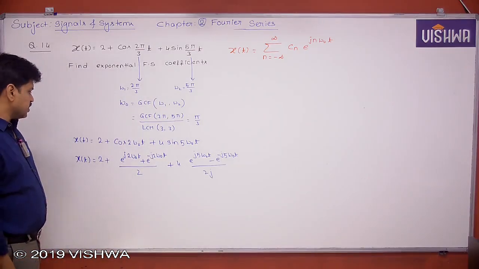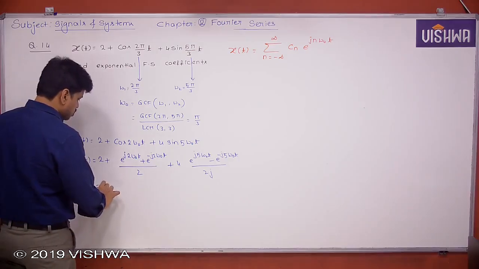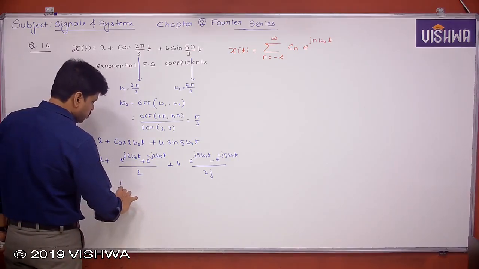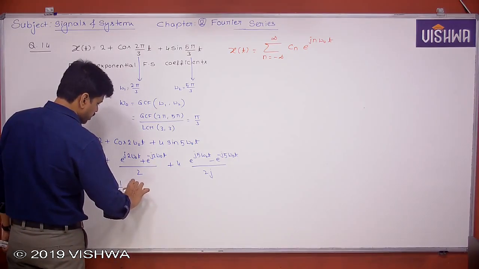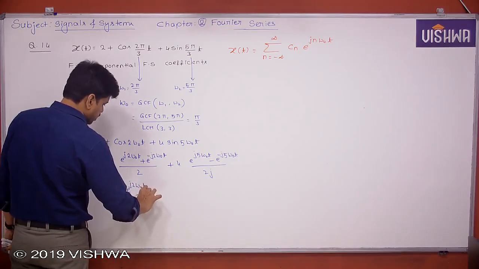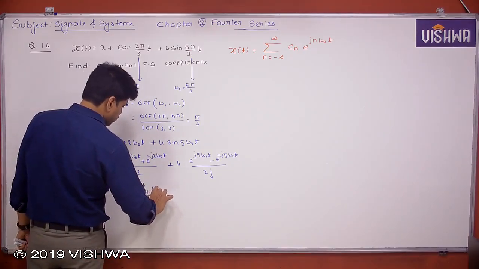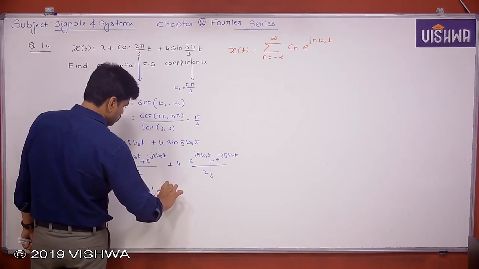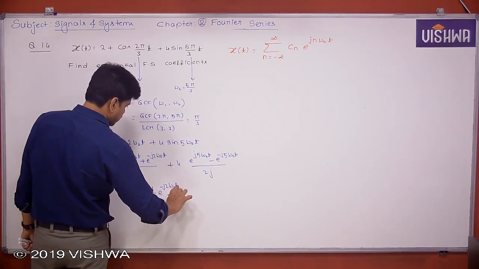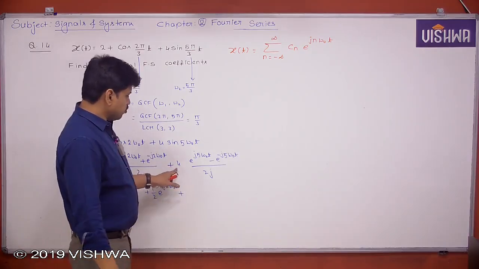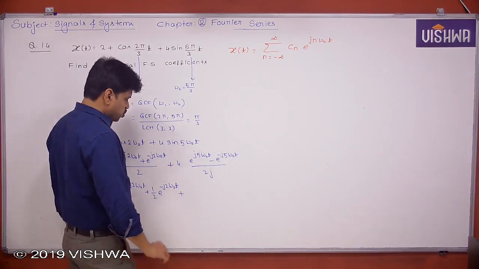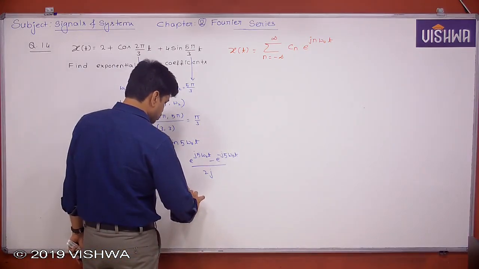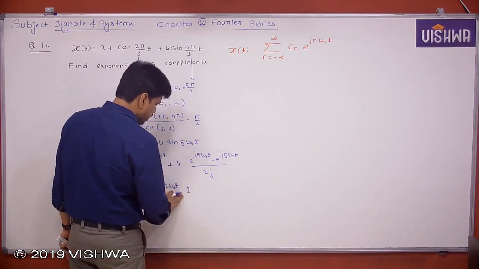If I expand it again, 2 plus 1/2 e^(j2ω0t) plus 1/2 e^(-j2ω0t) plus 4 by 2j, that is nothing but 2 by j. 2 by j means minus 2j.